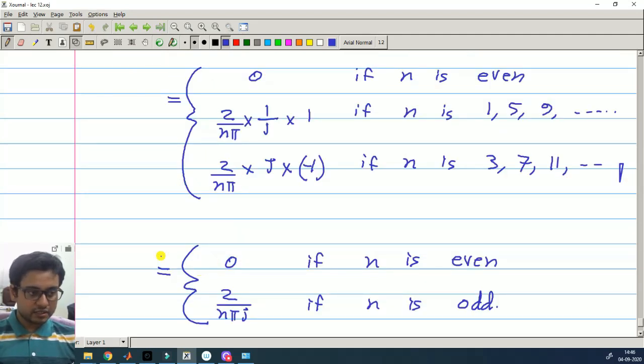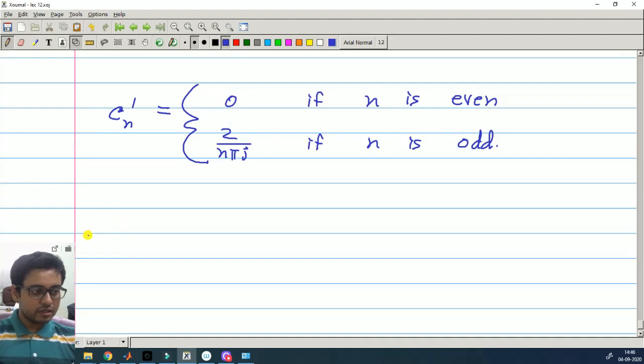So this is Cn prime, and from this we will calculate Cn, that is what we actually want, as Cn prime by j omega n.